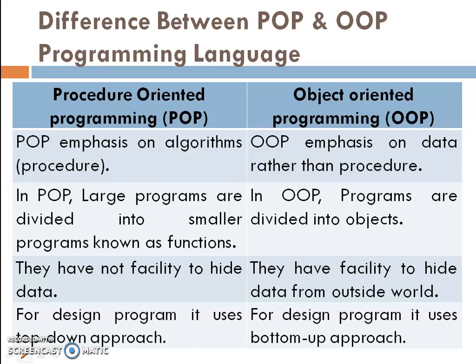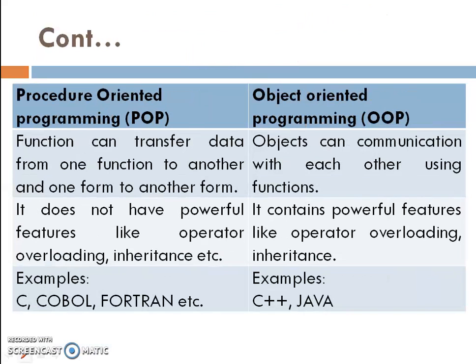In POP, for design program it is used top-down approach, and OOP design program it use bottom-up approach. Now, next point, in POP, function can transfer data from one function to another and one form to another form. In OOP, object can communicate with each other using function.